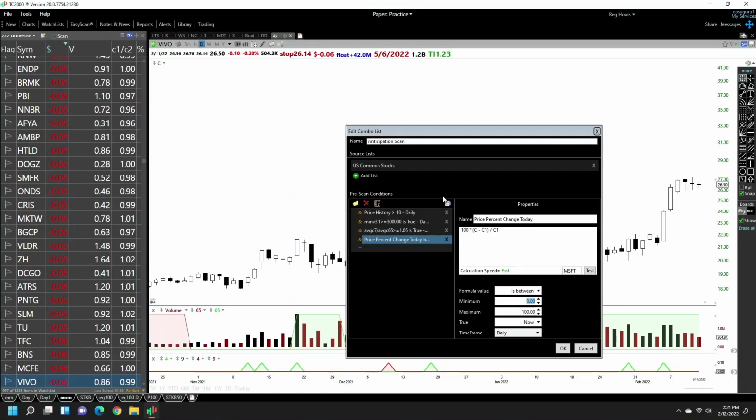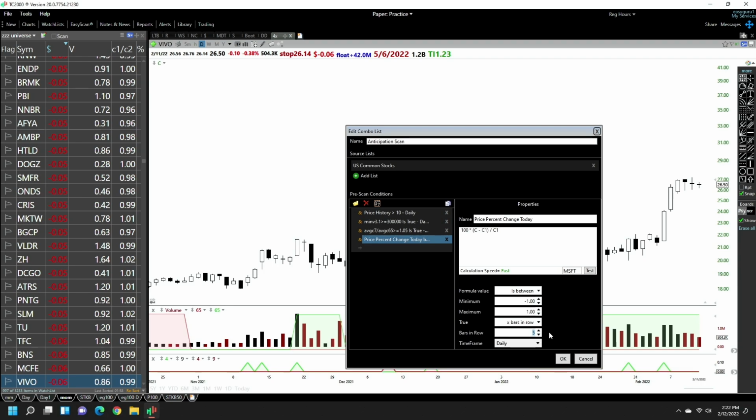So I put in -1 as the minimum, and the maximum is 1%. They were at best down 1%, not down more than 1%, and not up more than 1%. But I want to see this for X bars in a row, set at 3.